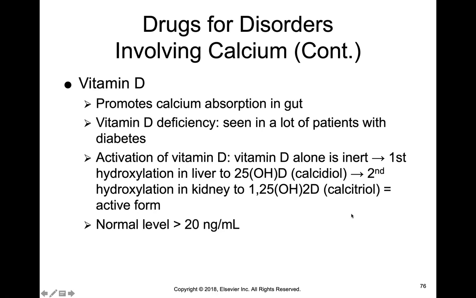And that's the active form. A normal level would be above 20. As you can see here, kidney disease, not being able to activate that last step, can also lead to a vitamin D deficiency, which then also leads to a calcium deficiency.